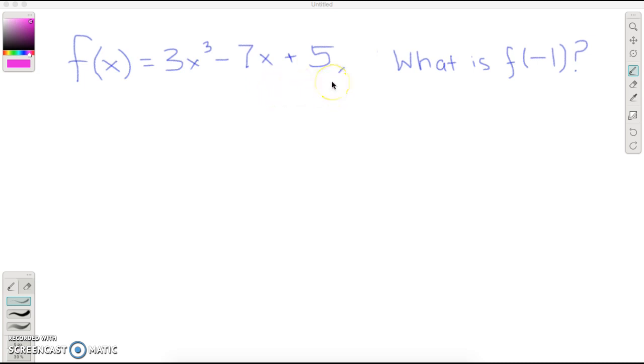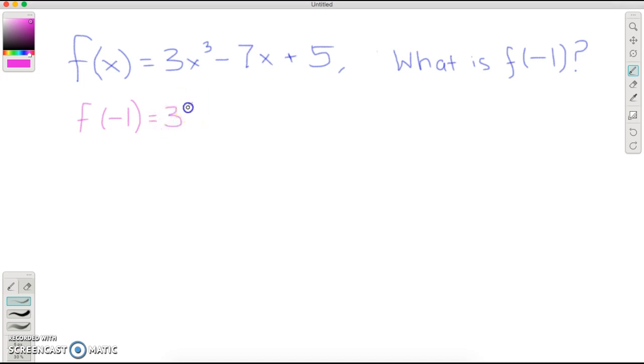And so what we do in order to solve this is we take this value of negative 1 and we plug it in wherever we see x on this equation. So that's going to be right here and right here. So let's go ahead and do that. This is going to be f of negative 1, or remember you can also think of this as y, equals 3.